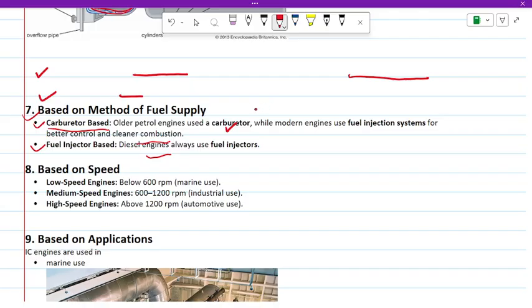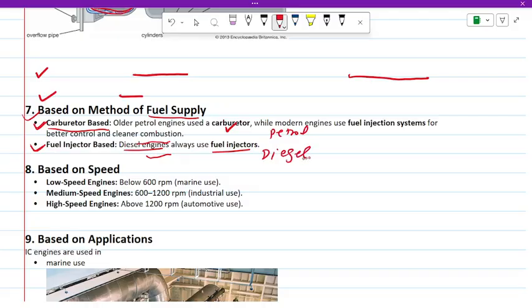So the carburetor is only present in the petrol engine. This is a feature of the petrol engine, not the diesel engine. Diesel engines always use fuel injectors. So on the basis of fuel supply method, carburetor based and fuel injector based. This is again petrol versus diesel.